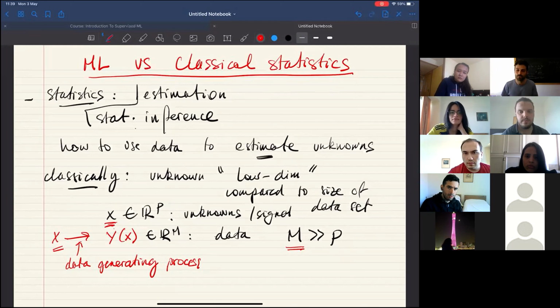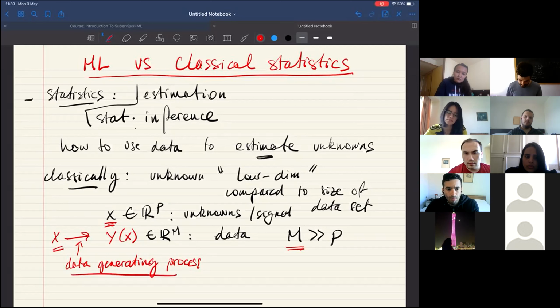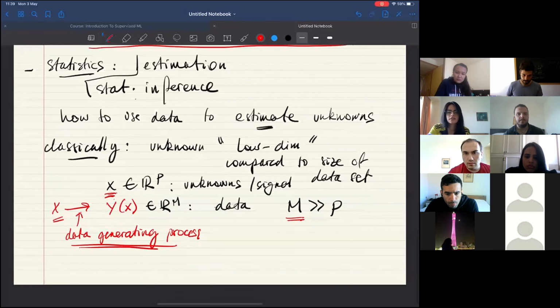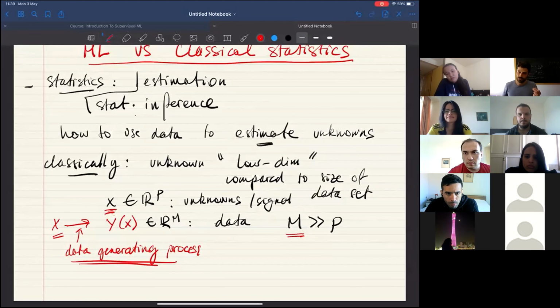You gather a lot of data and you want to estimate a number, and you know this data generating process in the sense that you assume how the data is connected to the speed of light. You measure this data and you estimate the speed of light out of it. And really, the interest you have is to recover precisely the value of the unknown. So this is estimation, inference, this is classical statistics.